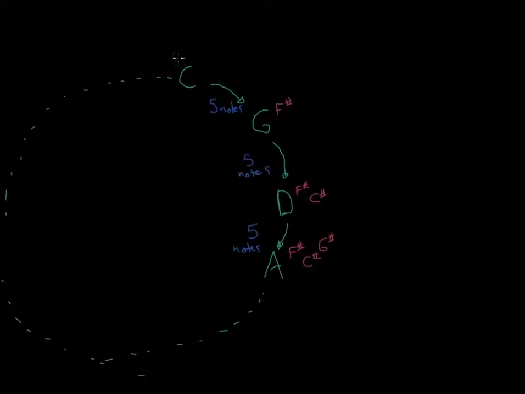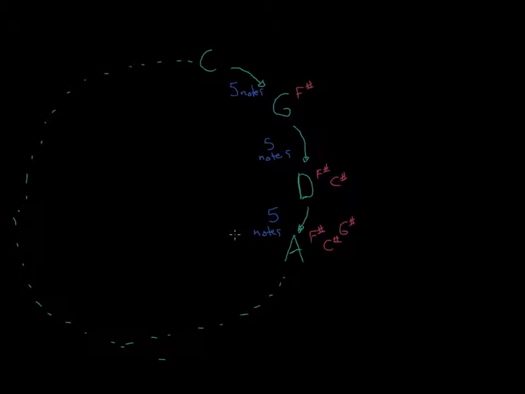All we've done, we've started on C, we've gone up 5 notes on the piano keyboard, and we've got to G. G has an F sharp. We go up another 5 notes, we get to D. D has the F sharp, and it adds 1 more, C sharp. Up 5 notes from D, we get to A. F sharp and C sharp stay, we add 1 more. So far so good.